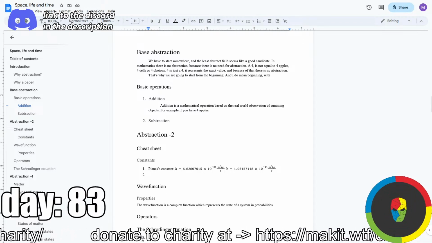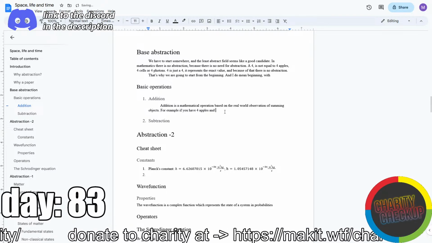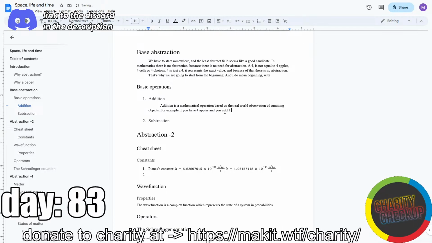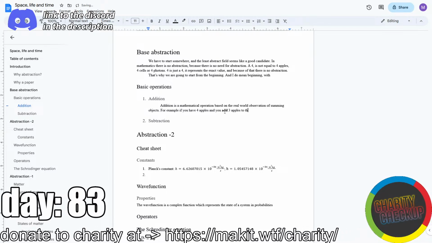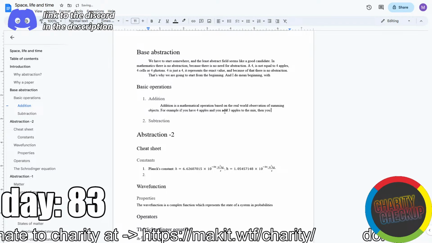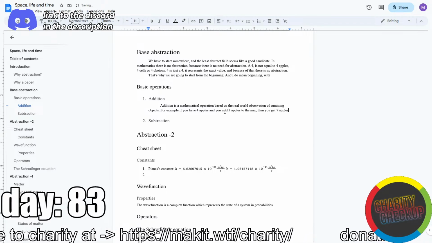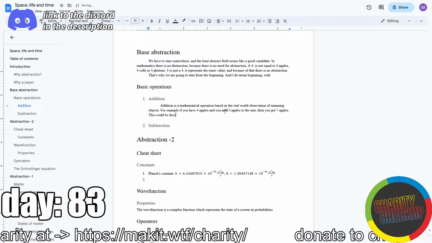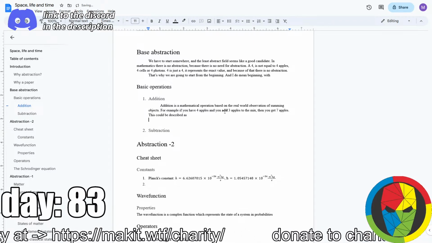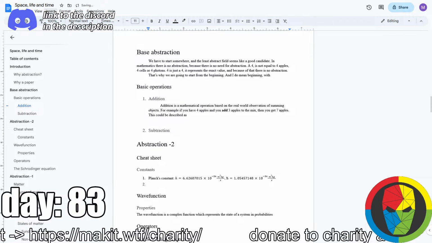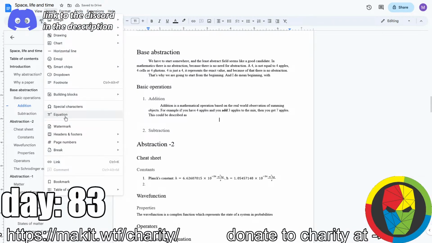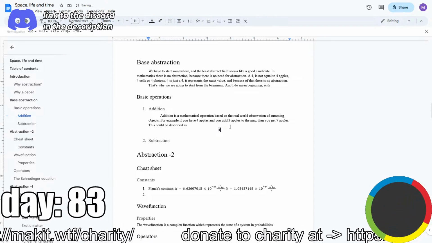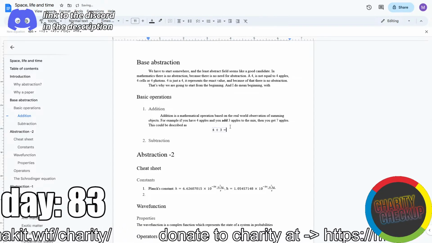Okay, if you have 4 apples, you add 3 apples to the mix, then you get 7 apples. This could be described as, and over here, insert the equation. Is there a shortcut for this? There isn't. Great. As 4 plus 3 is equal to 7.